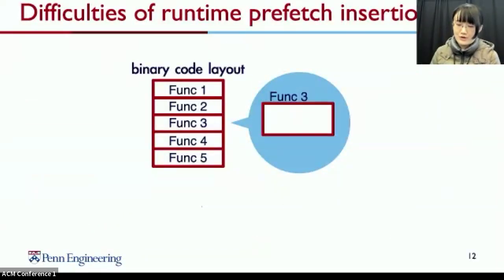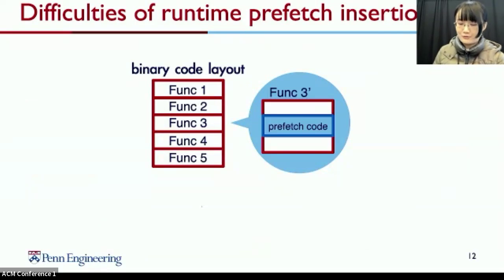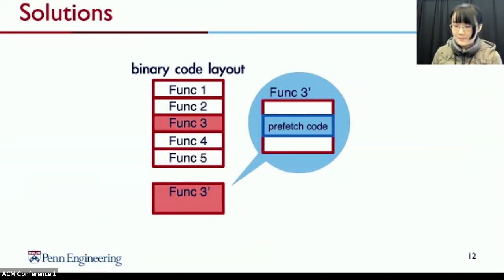Another issue we need to address is that after we insert the prefetch code into the text section, the code size of the optimized function might get larger, so we might not be able to put the optimized function into the original function slot. Our solution is to inject our optimized function into a new location outside the original text section.